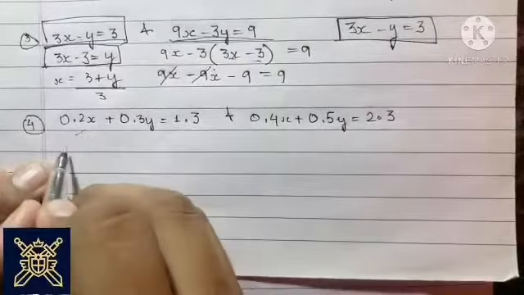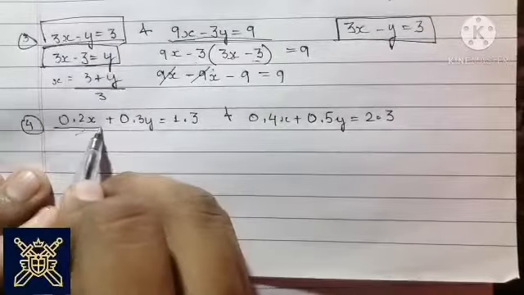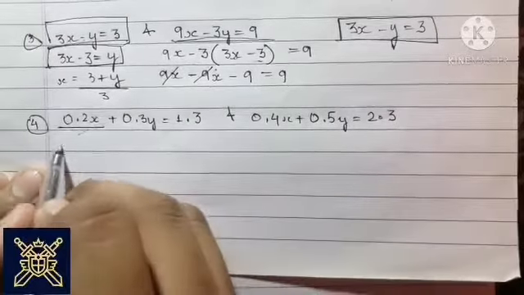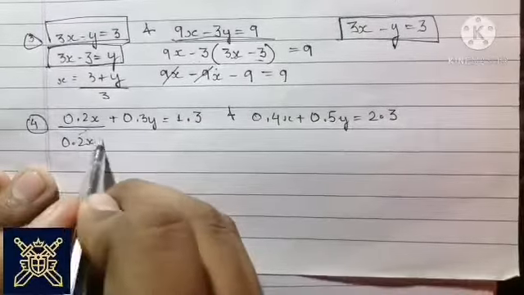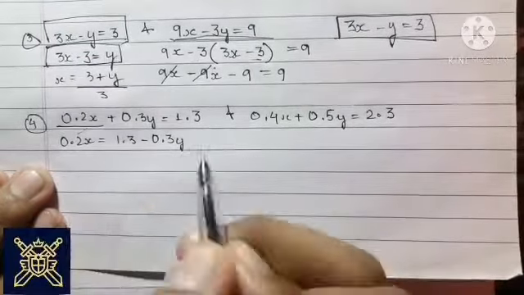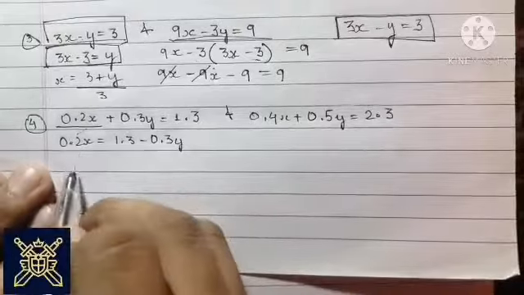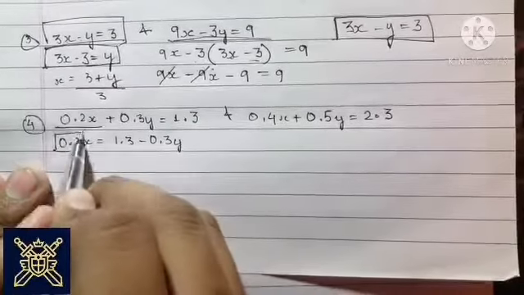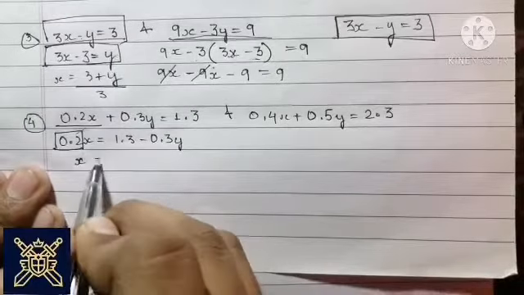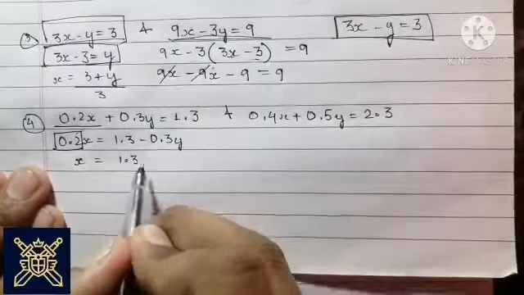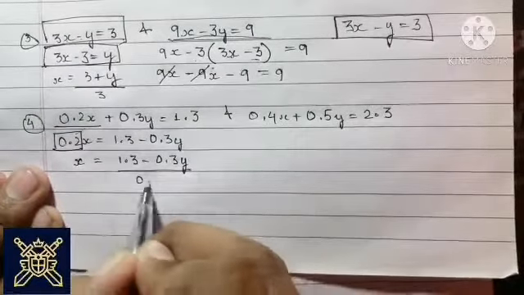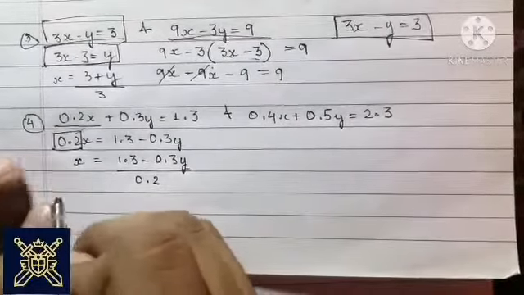So here you can keep this 0.2 here and send everything over that side. So 0.2x is equal to 1.3 minus 0.3y. Do you agree? Yes. So you can also send this 0.2 multiplicative over that side. So you get that x is equal to 1.3 minus 0.3y whole upon 0.2. So this is the value of x.